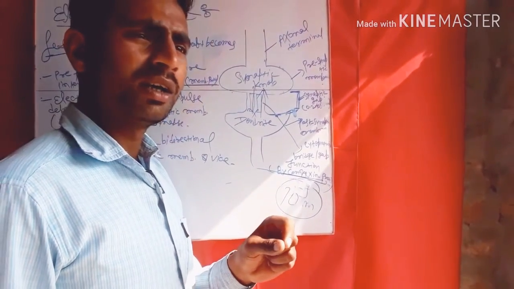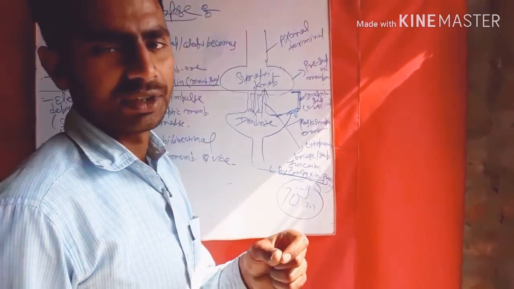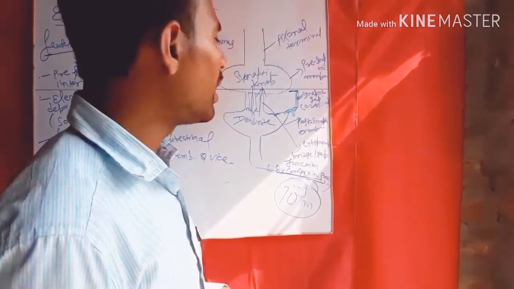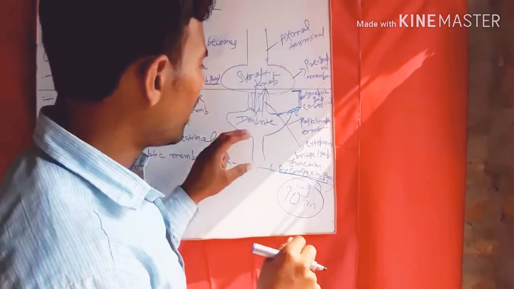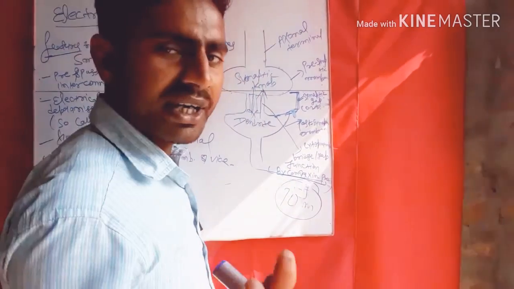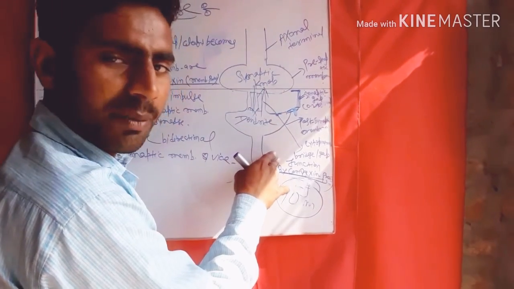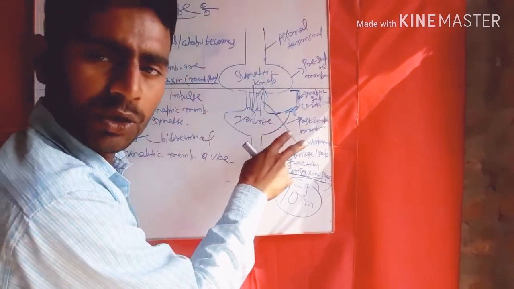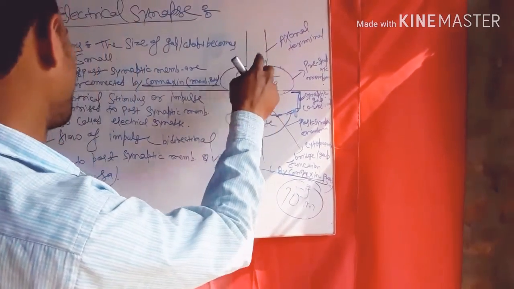But in the chemical synapse, the flow of impulse is unidirectional. But now we are studying the electrical synapse, where the flow of impulse is bidirectional, from presynaptic membrane to postsynaptic membrane and postsynaptic membrane to presynaptic membrane.